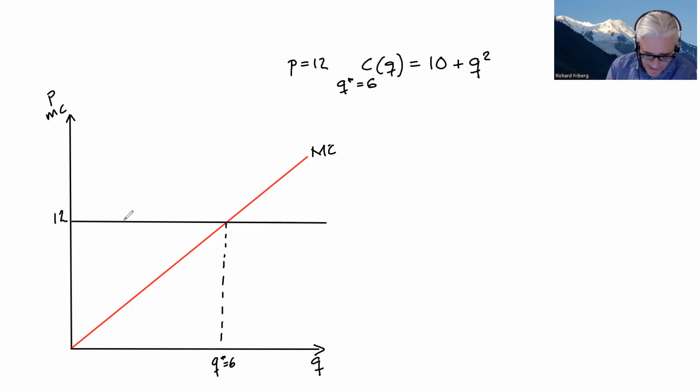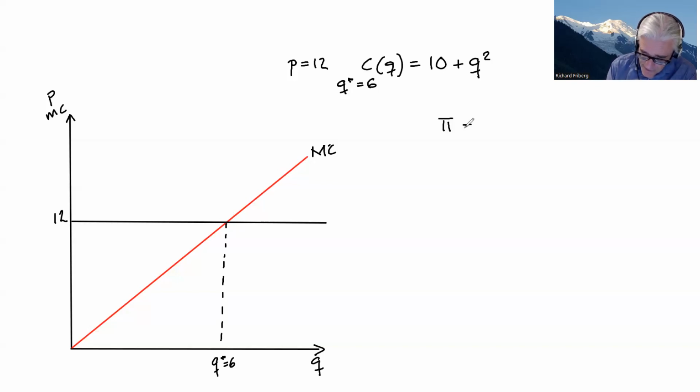We note instead that on the margin, for each unit up until this point, the firm is making more. The increase in revenue is greater than the increase in cost. So it's making money, if we disregard the fixed cost, on all of these first units. It's making money up until this point. So that doesn't do it. We need to calculate profits in some other way. And let's think of how we can depict that.